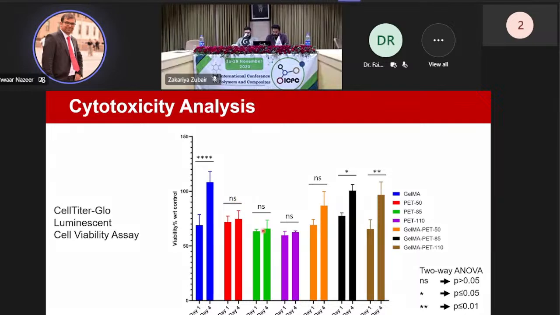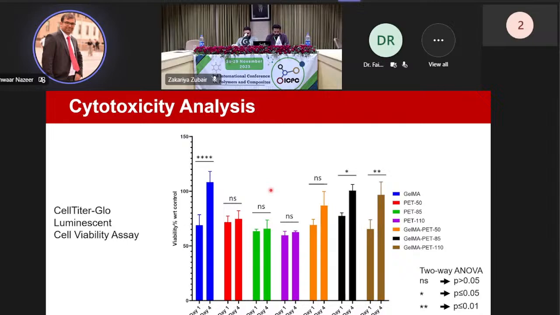But as we were expecting, for just polyester non-wovens, there wasn't a significant increase from day 1 to day 4, because the polyester is hydrophobic, and it doesn't have attachment sites for the cells to attach and then further grow, because these cells cannot grow if they are not attached well.